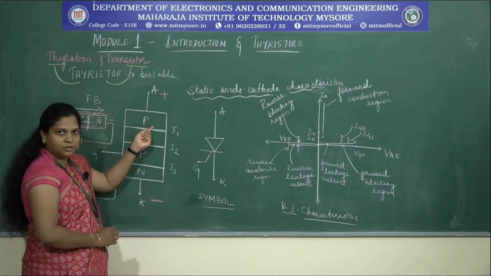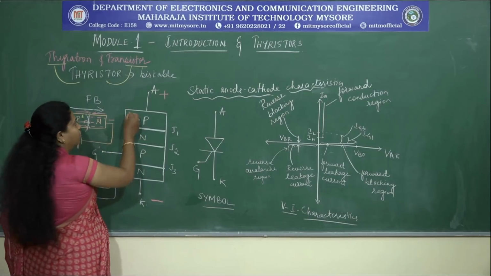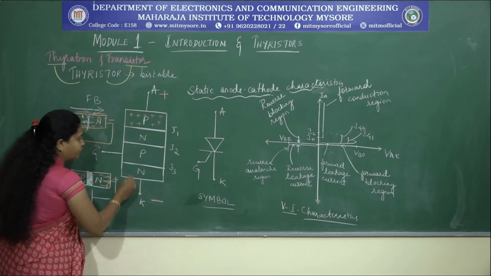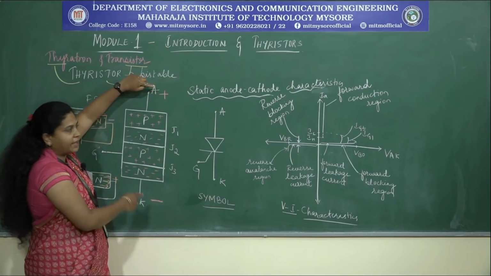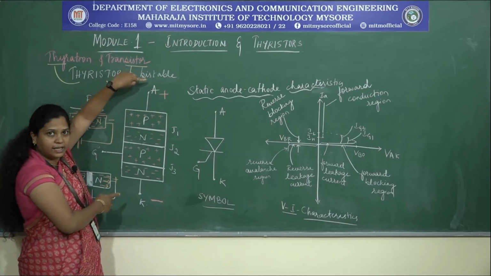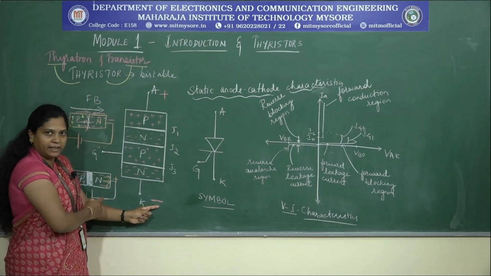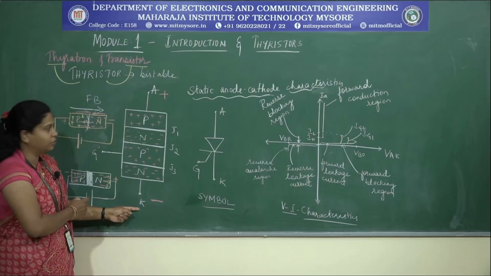Coming back to the layers: in the P region, holes are in excess, and in the N region, electrons are in excess. We apply positive potential at the anode and negative potential at the cathode.